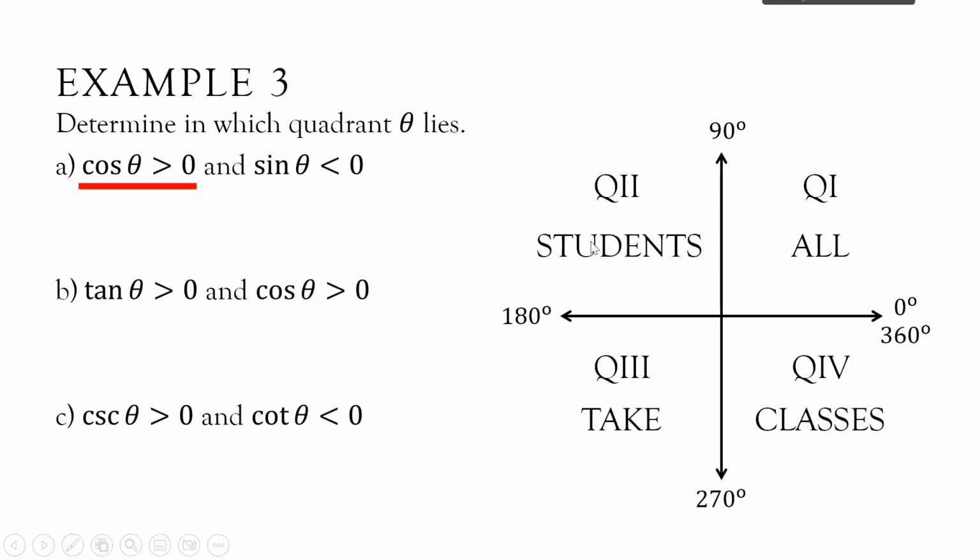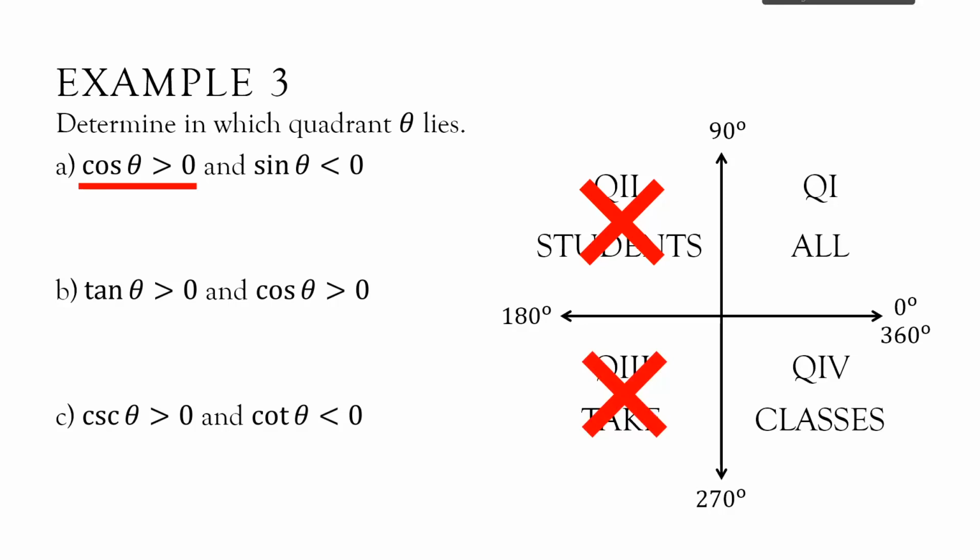Only sine and its reciprocal is. Quadrant 3, cosine is negative here. And quadrant 4, cosine is positive. So just from looking at cosine being positive, I've eliminated the options of quadrant 2 and quadrant 3. So that's what I can pull from a single trig function.